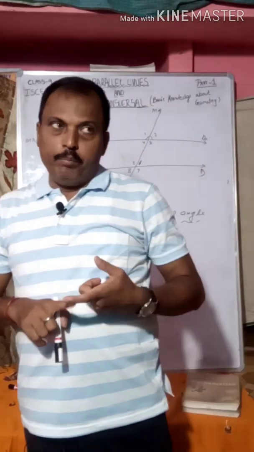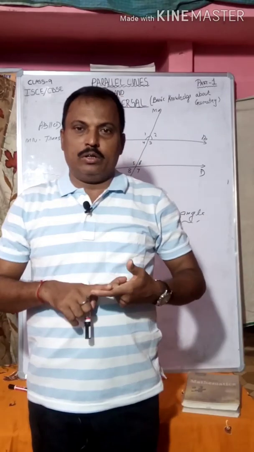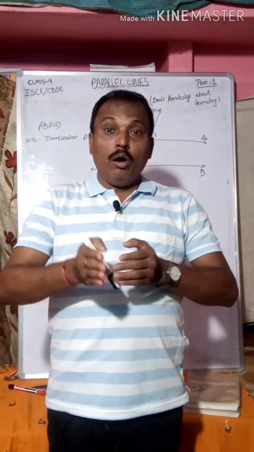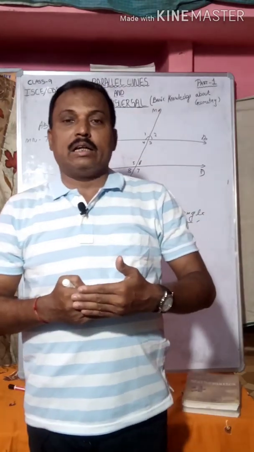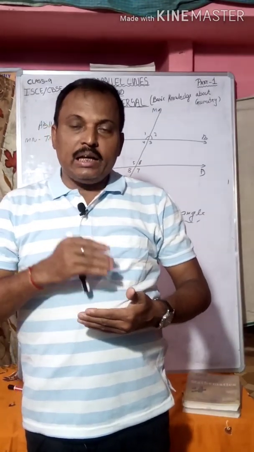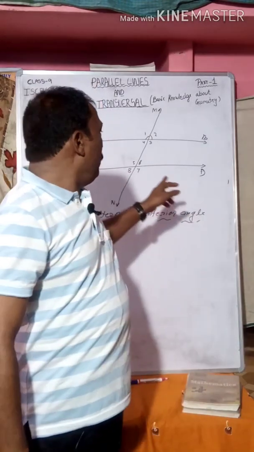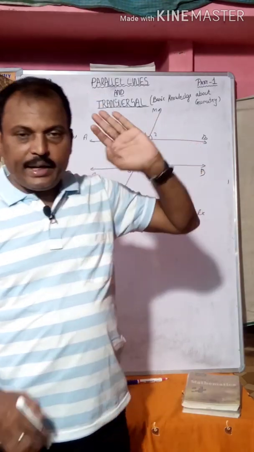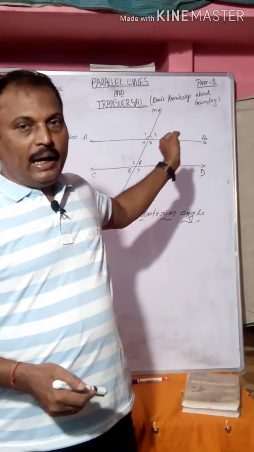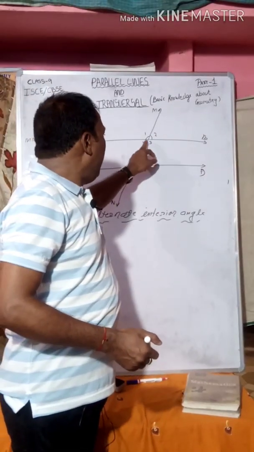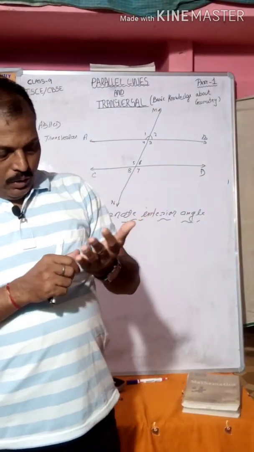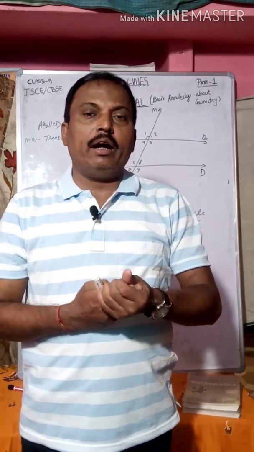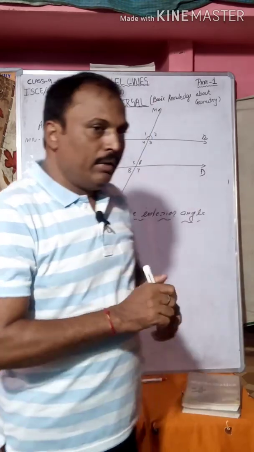This definition indicates the angles in internal position, among the interior angles. Two angles are alternate angles. So how many interior angles? 3, 4, 5 and 6. These are the interior angles of parallel lines and transversal. Among these 4 angles, 2 angles are alternate interior angles and they are equal.